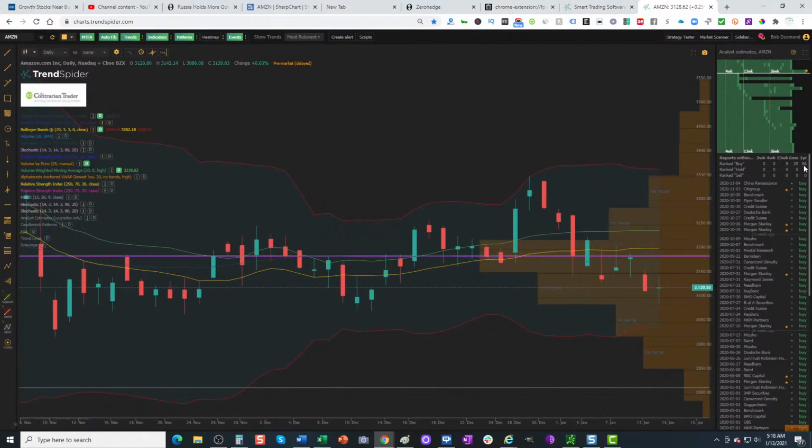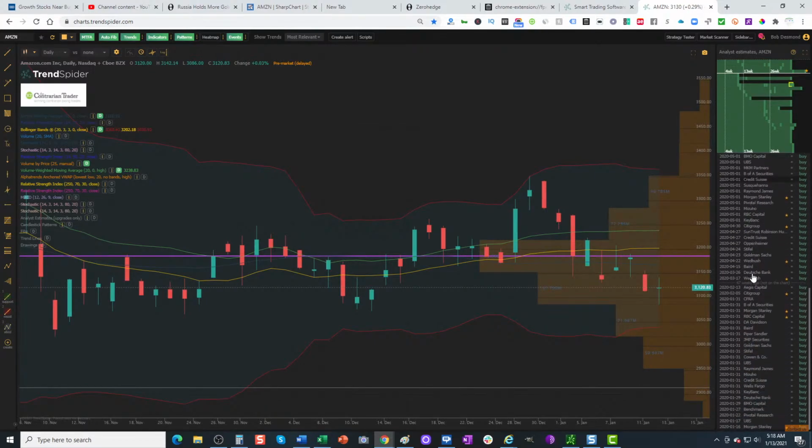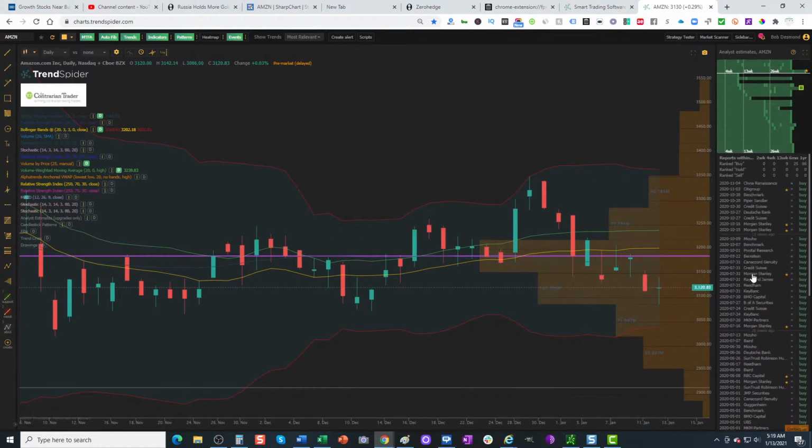All 86 analysts have a buy rating on Amazon. That, my friends, is a contrarian indicator. There hasn't been an upgrade since November the 4th. That was the last time.